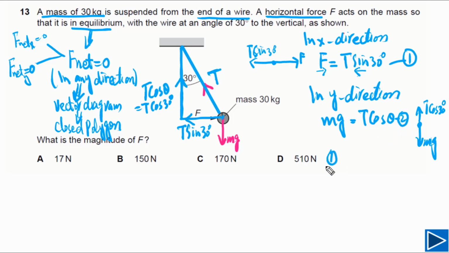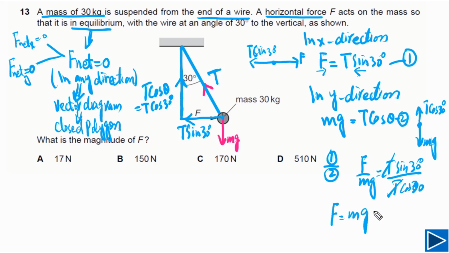Now if we divide 1 by 2, we can write F over mg equals T sine of 30 degrees divided by T cosine of 30 degrees. The T's cancel, and we are left with F over mg equals tangent of 30 degrees, or F equals mg tangent of 30 degrees.